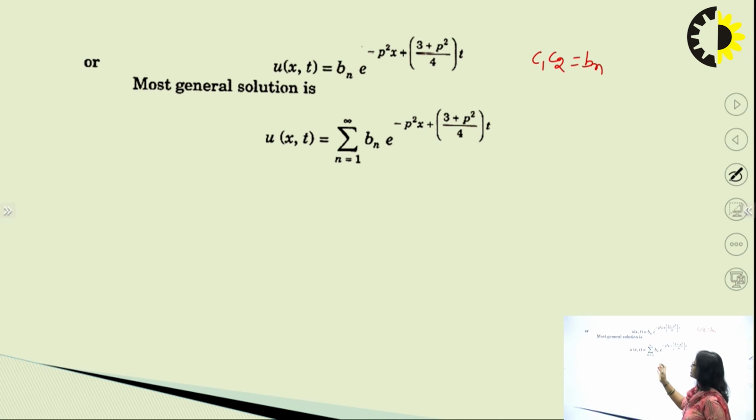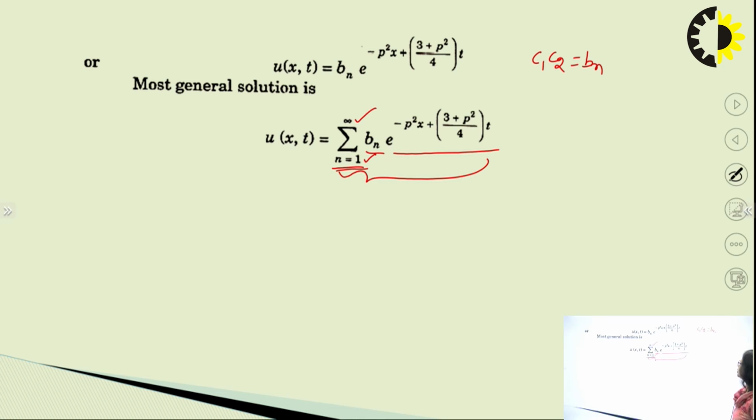For another pair of x and t, I will get another pair of constants. So I will consider all the independent solutions in the general form by this formula. That means u of x comma t will be considered as summation n equal to 1 to infinity bn e to the power minus p square x plus C3 plus p square upon 4 into t.